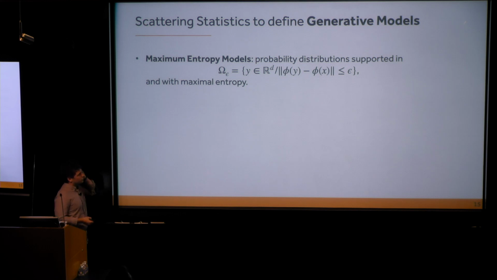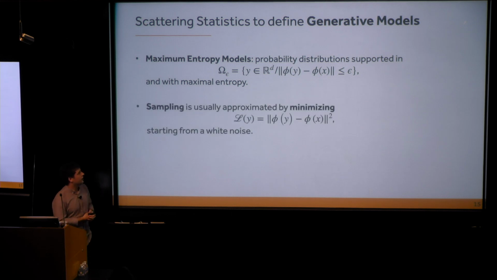This relies on maximum entropy models, which are basically models with maximum entropy on a set of data Y that are sufficiently close in terms of statistics to the target X. And so these kinds of models are just telling you that you define the most general way to describe your data that is constrained to respect a certain set of statistics.